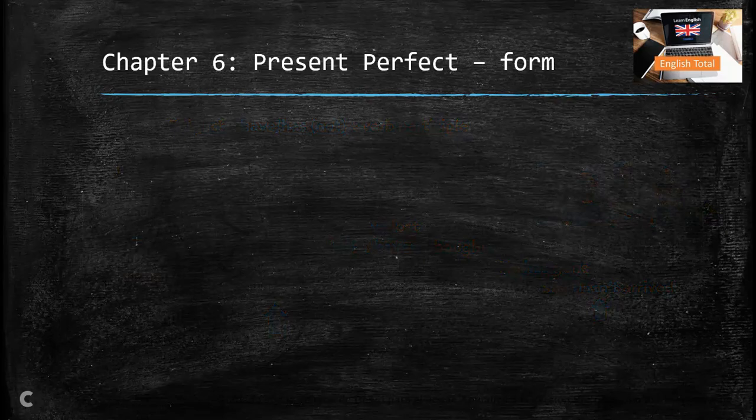All right, let's move on to question formation. This is the basic structure for questions in the present perfect. First, start with the verb have or has, followed by the subject, and then the participle.